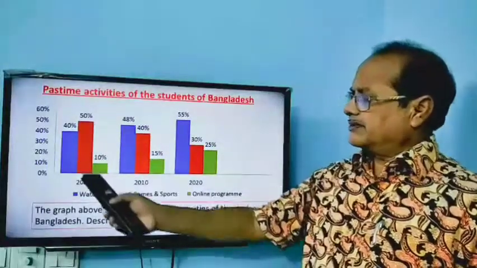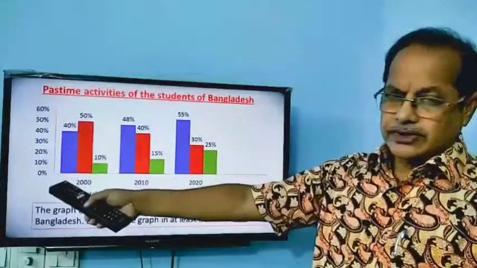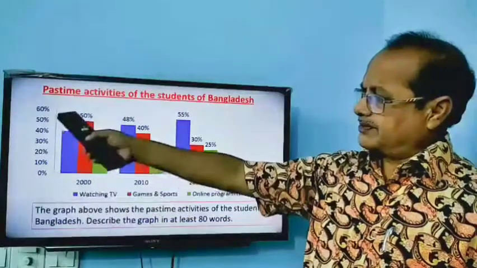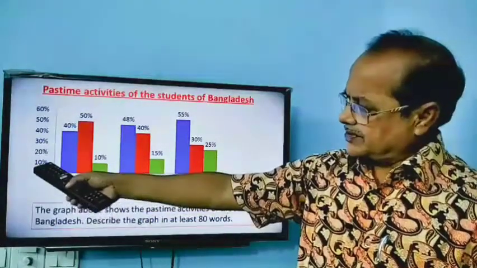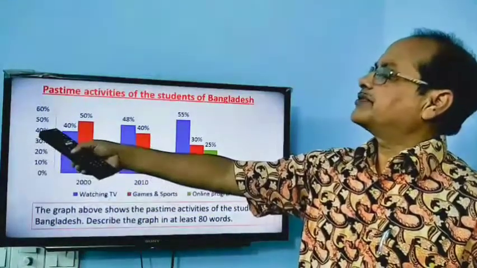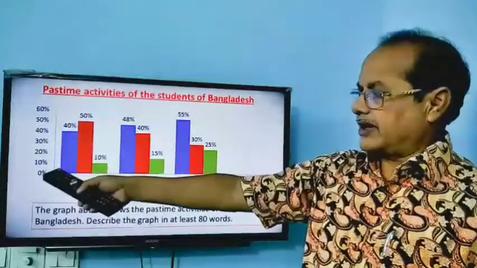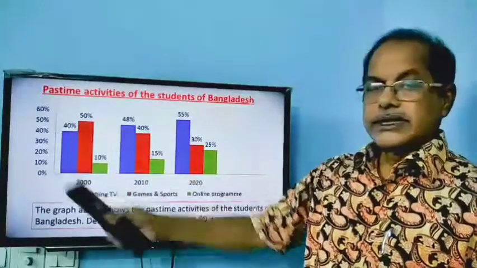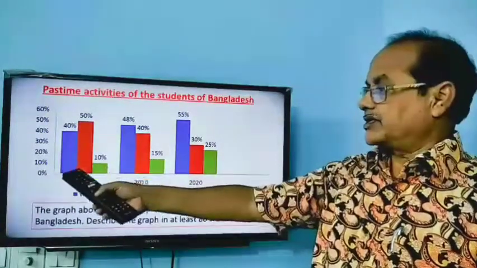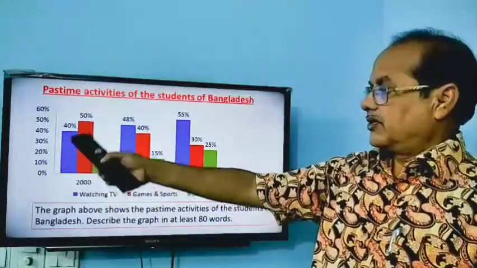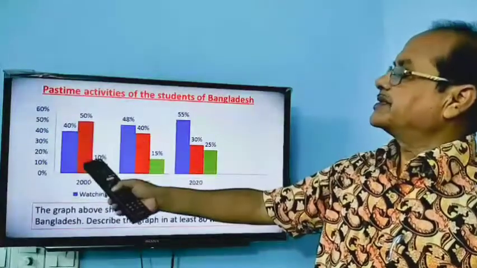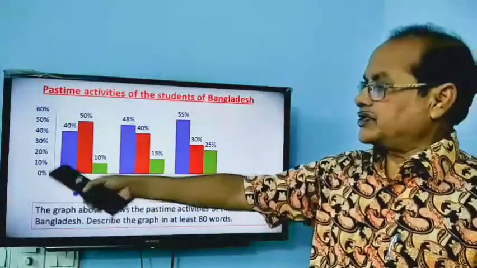You see, in the graph there are 2 lines. One is the vertical line, that is 0%, 10%, 20%, 30, 40, 50, 60%. This is called the vertical line. It is indicating the range of the volume, that is 40%, 50%, 10%. It is called the range.